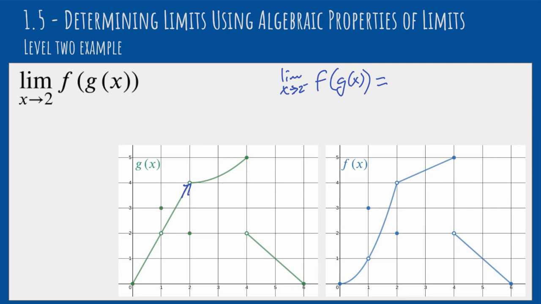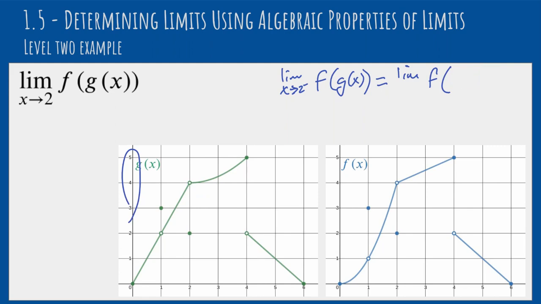Not only is it approaching 4, but it's approaching 4 from below. So the values that we get along the y-axis over here are getting closer to 4, but they're values that are a little bit smaller than 4. So essentially, what I'm thinking in my head is we're going to be taking this limit of f of values a little bit less than 4.